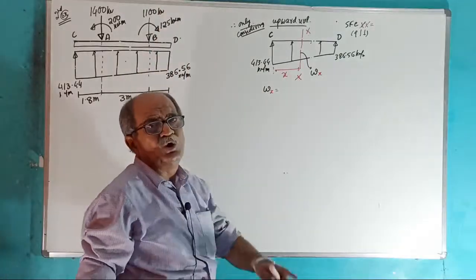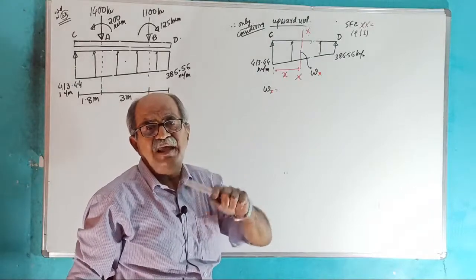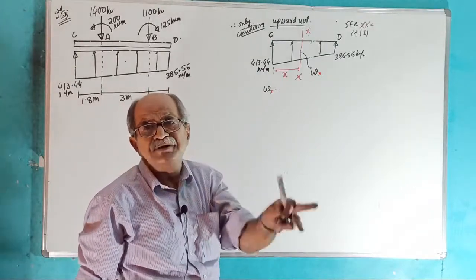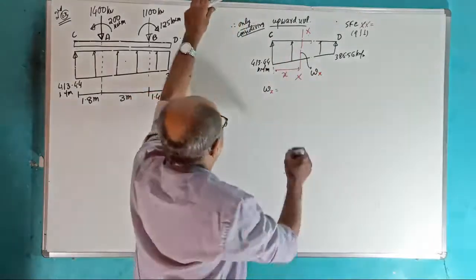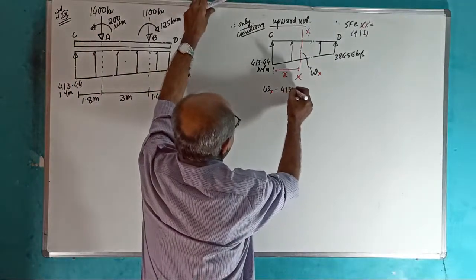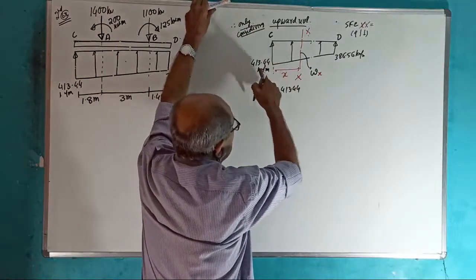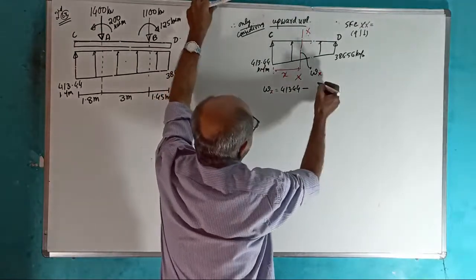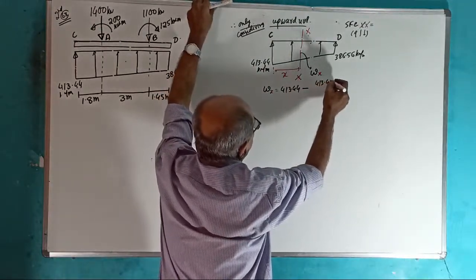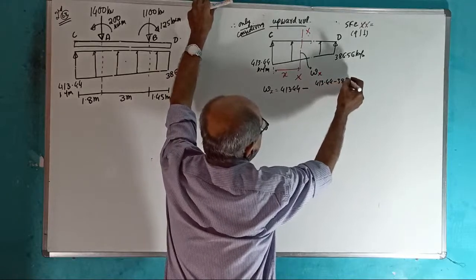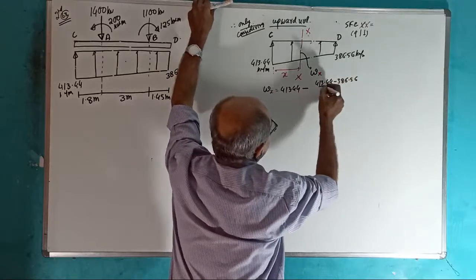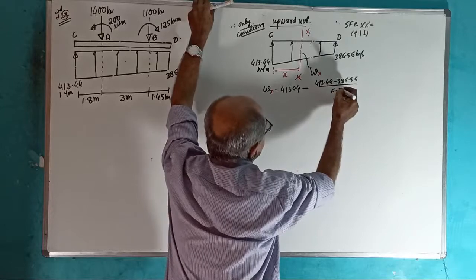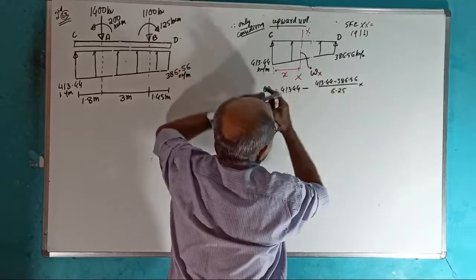The difficulty is, go to my mathematics class number 3, where I wiped out the complete interpolation. It is 413.44, same as last time. Last time I wrote plus, this time minus: 413.44 minus 386.56 divided by 6.25, full length, into X.